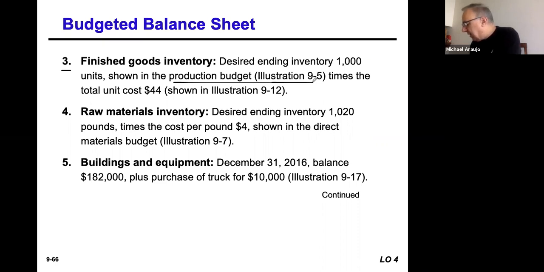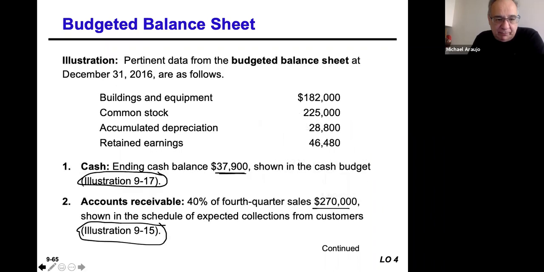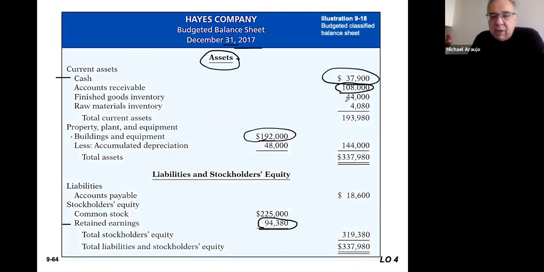Desired ending inventory is line 7 of that production budget. So if you have 1,000 desired ending inventory and they are going to cost you $44, remember your inventory is valued at the cost. So $44 times 1,000 units is where the $44,000 for finished goods comes from. So this comes from that budget.